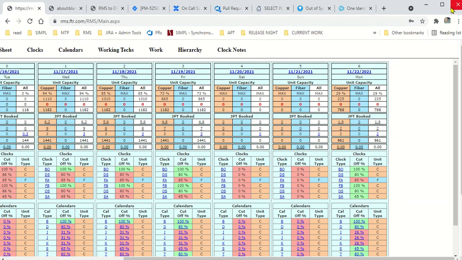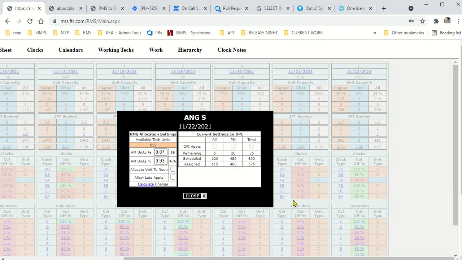So I go back to the... then there's only been 60, actually. There's only 60 that have actually been assigned, so then there should be about 60 remaining in the AM.